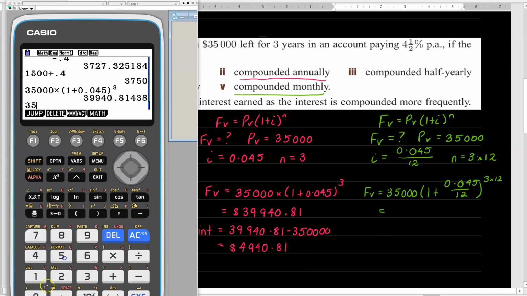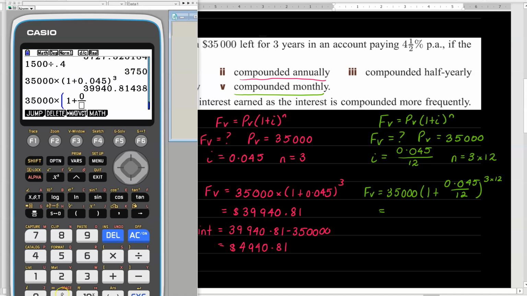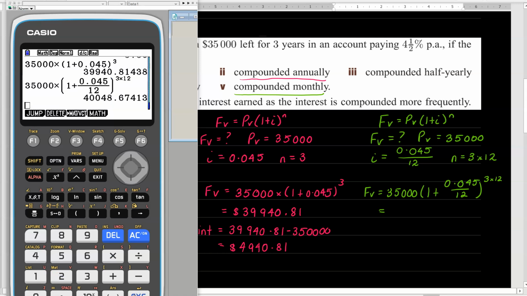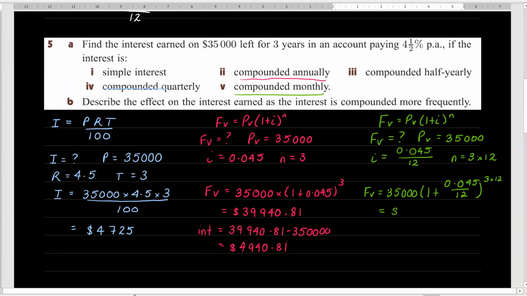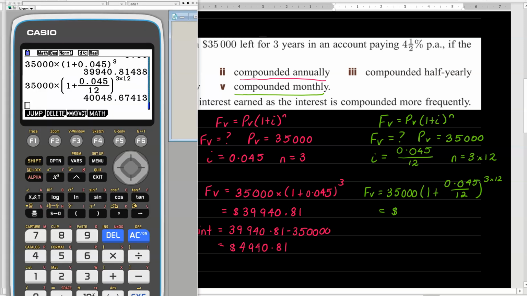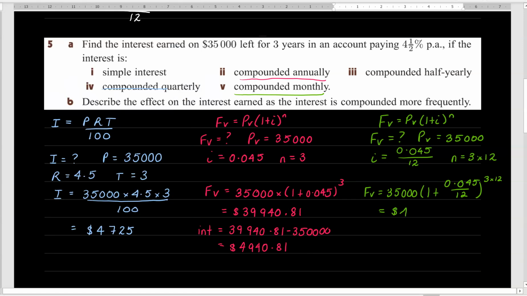So again, here we go, 35,000 times bracket 1 plus, now you put your fraction button in there, 0.045 over 12, arrow key out, and to the 3 times 12, and you can see, beautiful job, we expected just a little bit more, $40,048 and 67 cents.